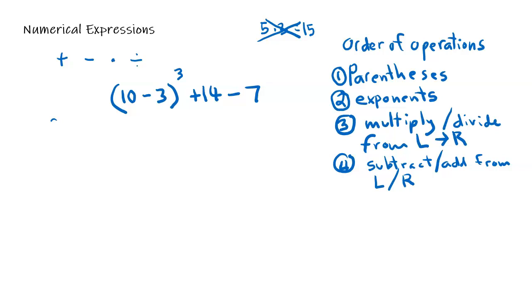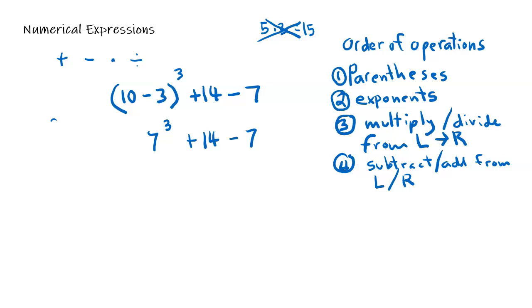So what I'm going to do is rewrite the whole expression, only I'm going to put 7 in place of 10 minus 3. I could put the parentheses around 7, but I'm not going to do that. I'm just going to write 7 cubed. We don't need the parentheses. Plus 14, take away 7.